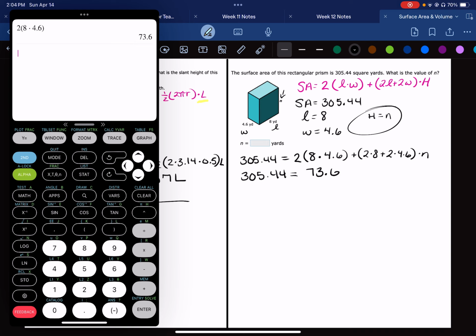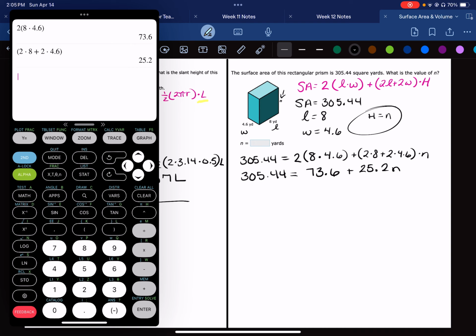That allows us to drop the parentheses and consolidate everything down to a number. Then we do the same thing with the coefficient on the n. This perimeter, 2 times 8 plus 2 times 4.6, we get 25.2, times n.